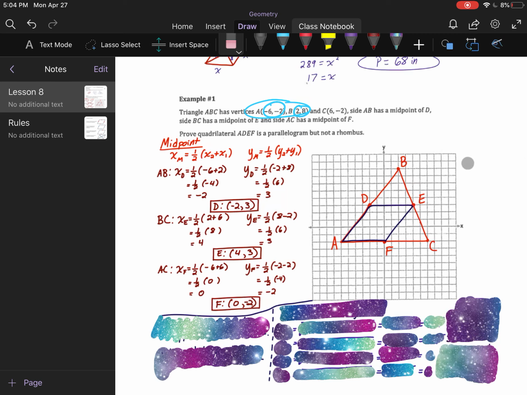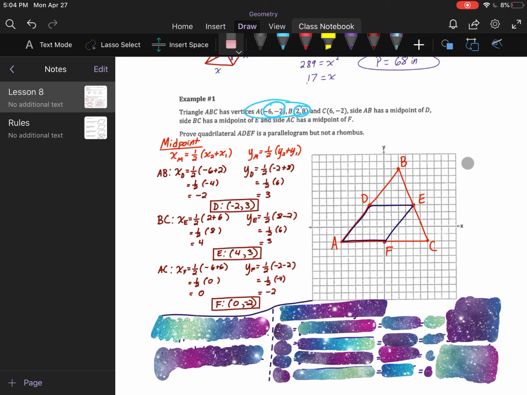So on your graph, it should look like this, and they all look like they're the midpoint, so that means you have done it the correct way if they look correct. If you did a midpoint and it ended up over here or way up here, those don't look like the midpoint, so that's your hint that you did something wrong.